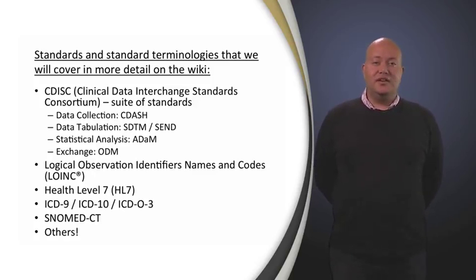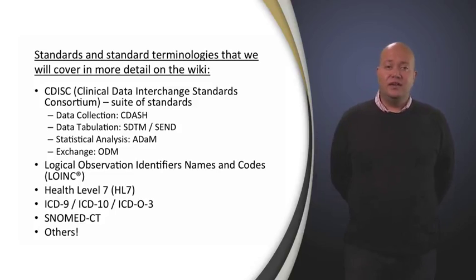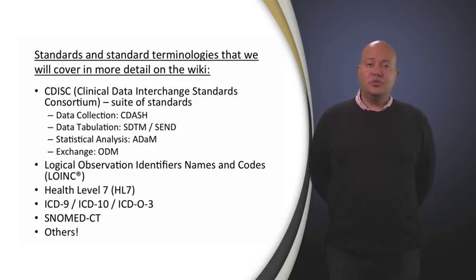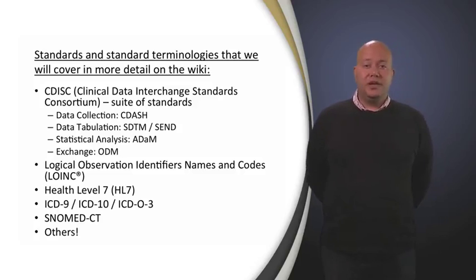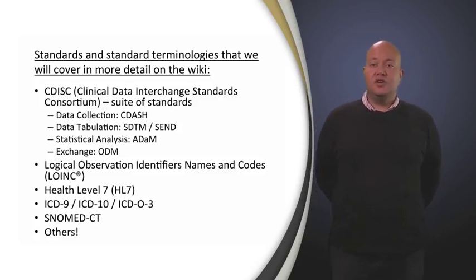There are existing standards based on that: the ICD-9, the ICD-10, and the ICD-O-3, which is used for tumor registry. It's a medical classification list developed by the World Health Organization. It codes for diseases, signs and symptoms, abnormal findings, complaints, social circumstances, and external causes of injury or disease. So we'll talk about those in more detail.